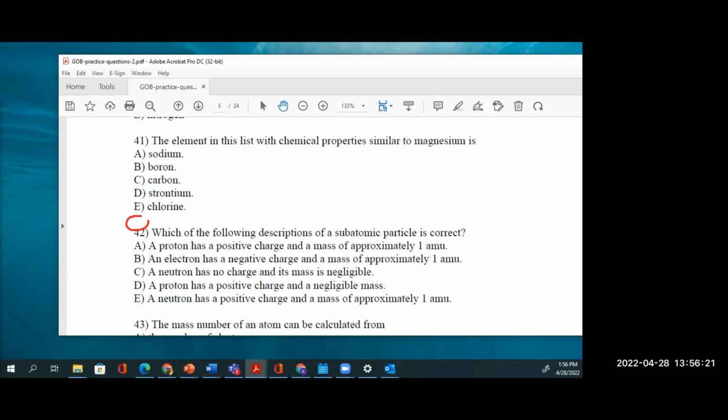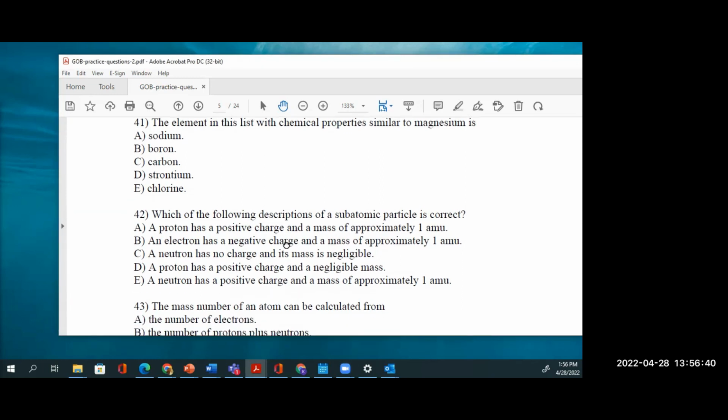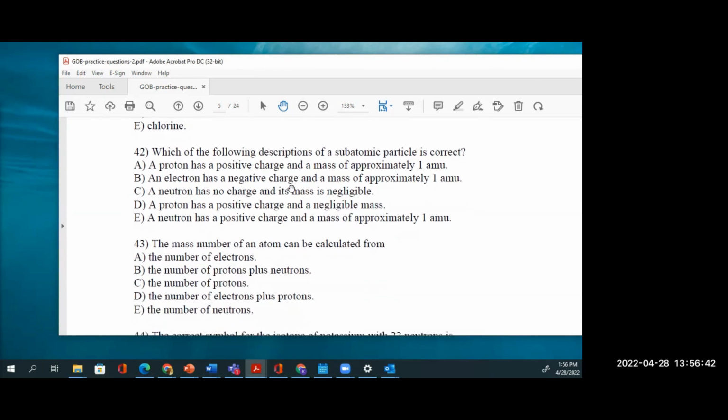The correct answer is D. So we know it isn't sodium because sodium is a group 1 metal. We know that strontium is a group 2 metal. You're like, man, I wish all my questions were like this.